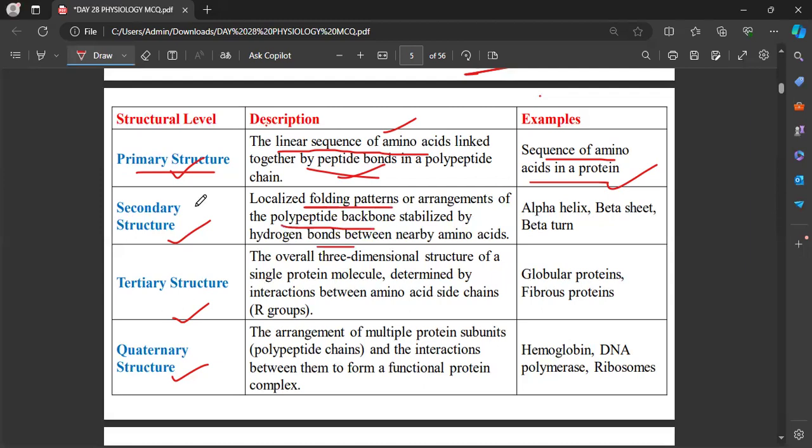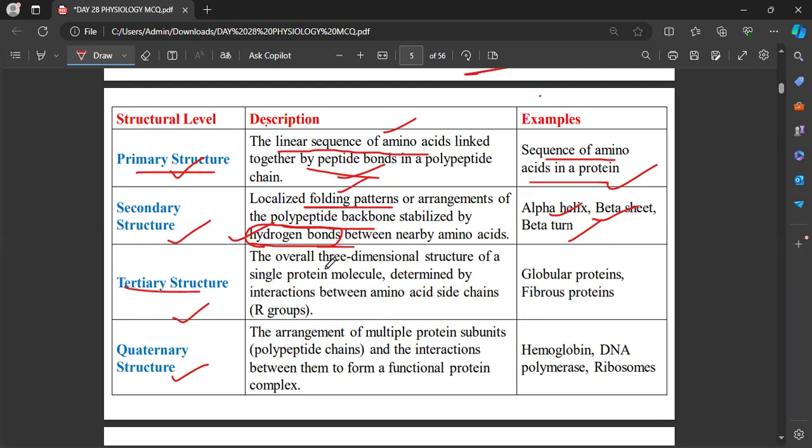In a secondary structure, the hydrogen bond is involved. This secondary structure has the alpha helix, beta pleated sheet and beta turn, which result in the folding pattern. The bond involved here is the hydrogen bond.